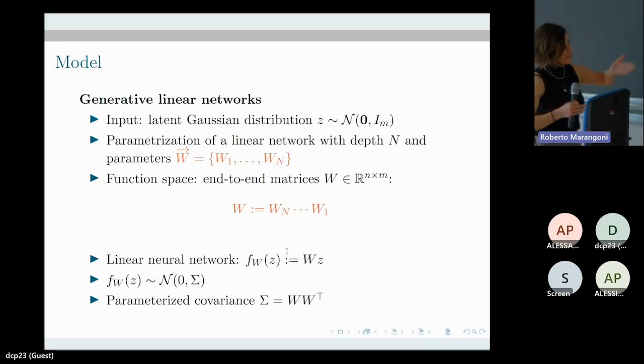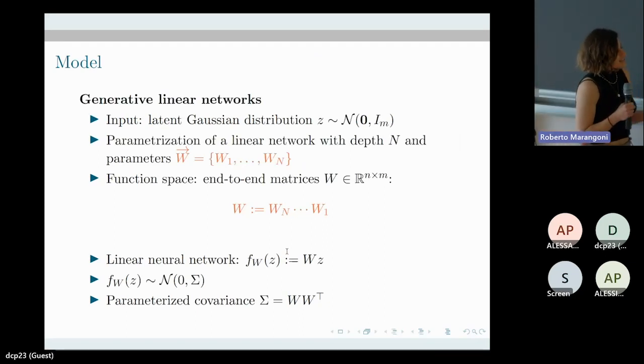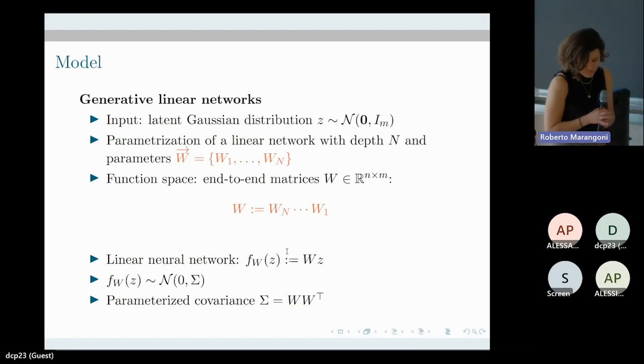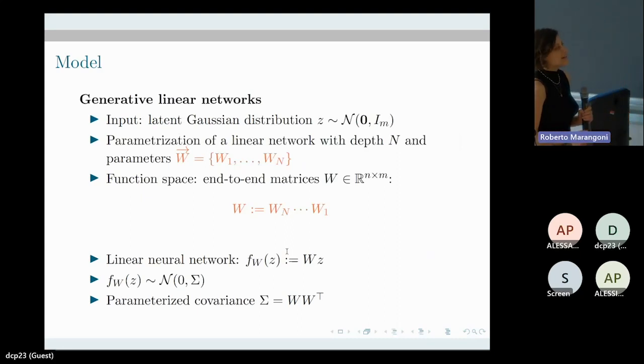By that we mean that we have n layers, and the activation is just the identity. The parameters that we want to learn are these matrices, and this is our parameter space. Then we have this function space, which is the end-to-end matrices, because when we go through this linear neural network, we have this matrix factorization here.